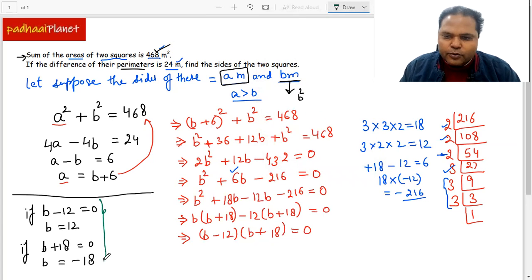Now, when we look at these solutions, we are talking about the sides of the square. So we are talking about lengths, right? Lengths can never be negative. So we need to reject this one.